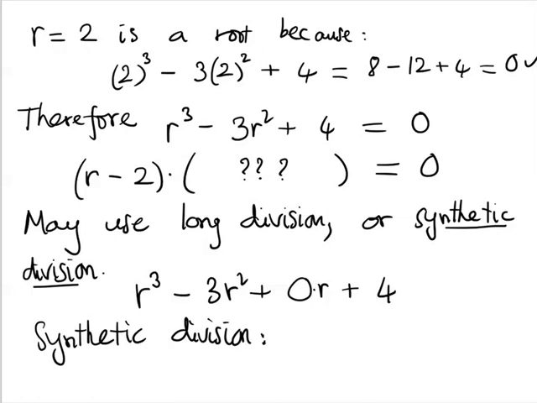We only use the coefficients in front of the powers of r. That's going to be 1, -3, 0, and +4. And we set up the division as follows.